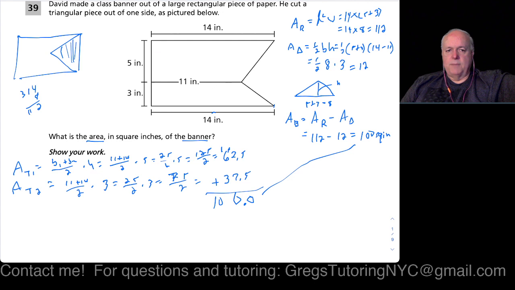If we drop the line here, okay, this means inside here, we have a 14 by 8. Okay, we already said that that was 112. Wait, sorry, we have an 11 by 8. So this is 88.